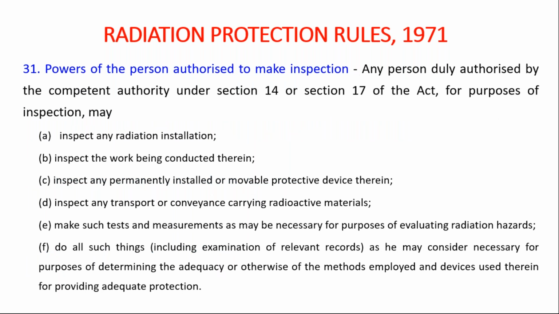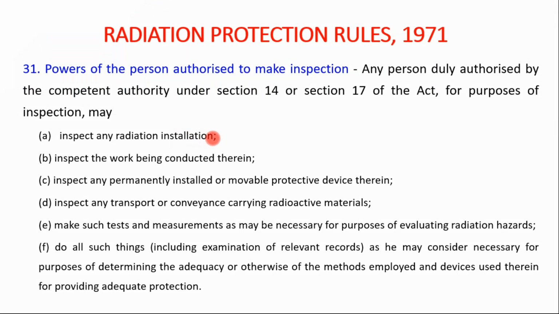Then rule number 31 is related to the power of the persons authorized to make the inspection. Any person duly authorized by the competent authority under section 14 and 17 of the Act may inspect the radiation installations. We already discussed the inspection of the radiation installations.